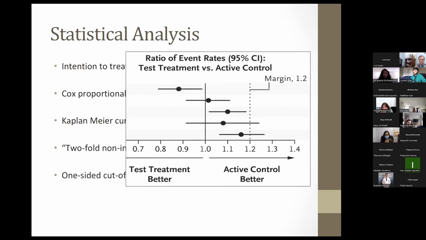Let's go back to this graph. Here, the authors of this other paper used a margin of 1.2. Now, a twofold non-inferiority margin puts this non-inferiority margin line way back here at 2, which means for this trial, anything less than a relative risk of 2 was acceptable as non-inferiority.